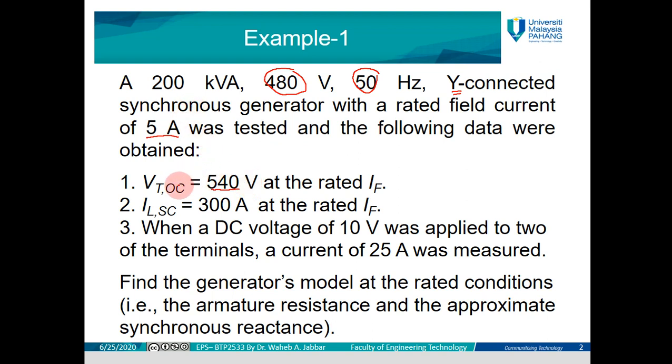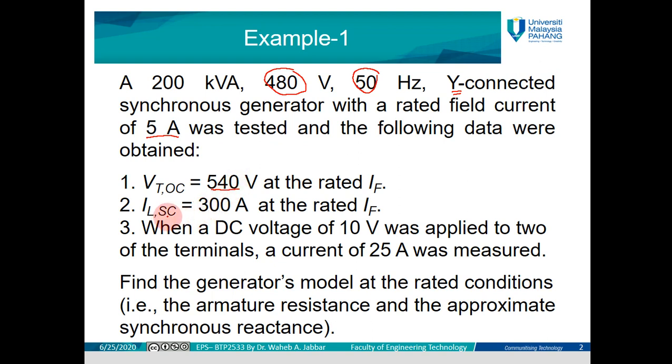The armature current will be zero, but we have a voltage on the terminal of the generator, which is 540 volt. This is the line voltage. It's not the phase voltage. Since we have three phase, this voltage is measured line to line, not for each phase. Later on, we'll see how to convert it from line to line into phase voltage.